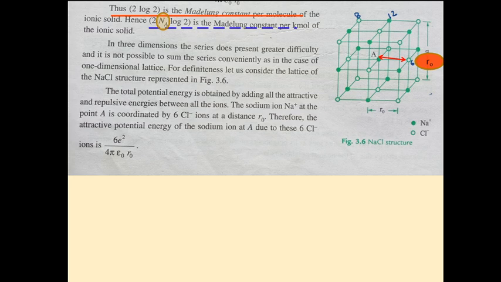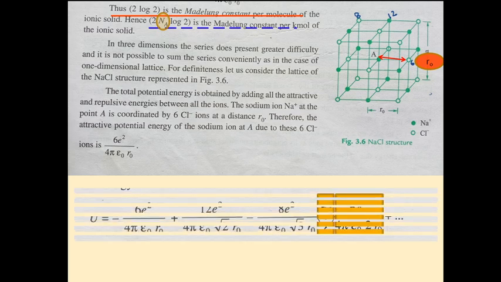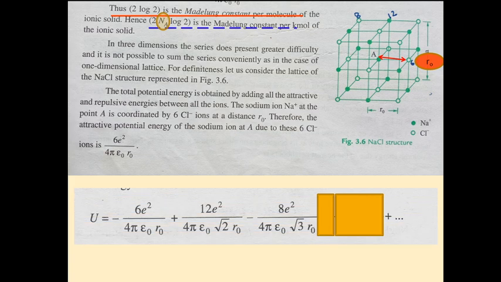At the R0 distance, I am finding in all 6 chlorine ions, and therefore in the first step of the equation the multiplicand factor is 6. Naturally the distance is R0, so what we have seen in the one-dimensional crystal is repeating here again.